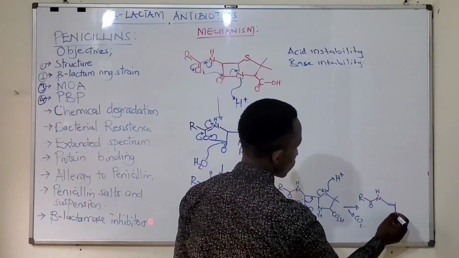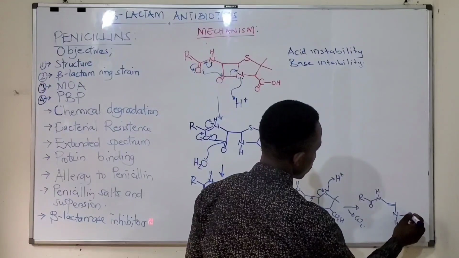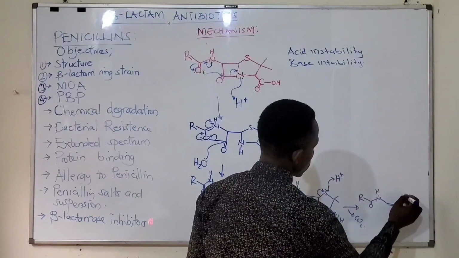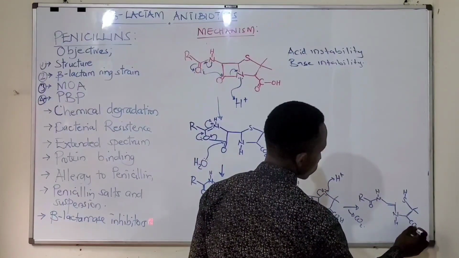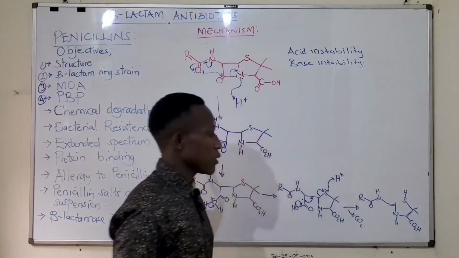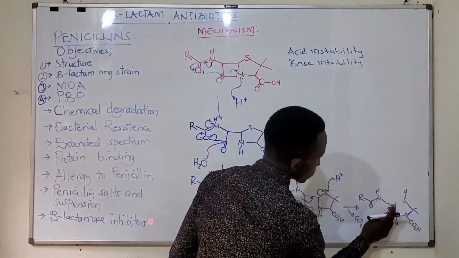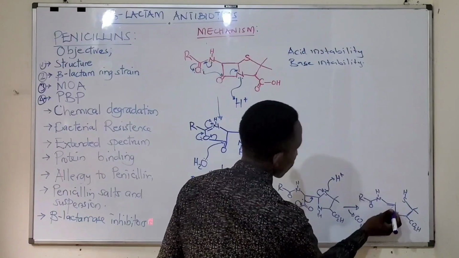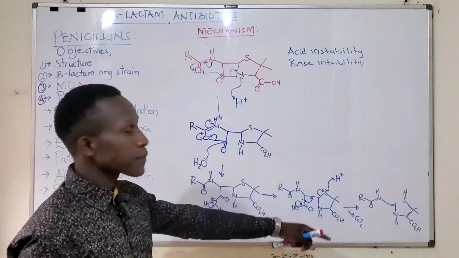So we shall have NH with S with hydrogen. That will be our product there. So it's a double bond. That will be our product there.